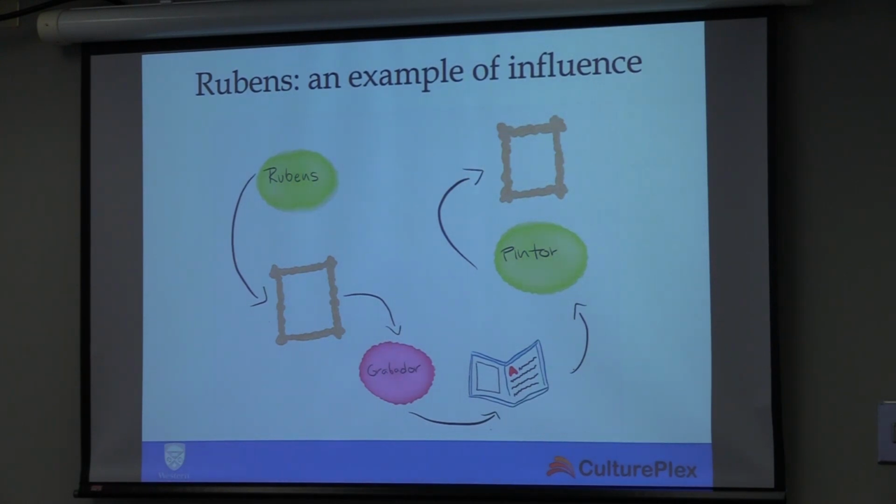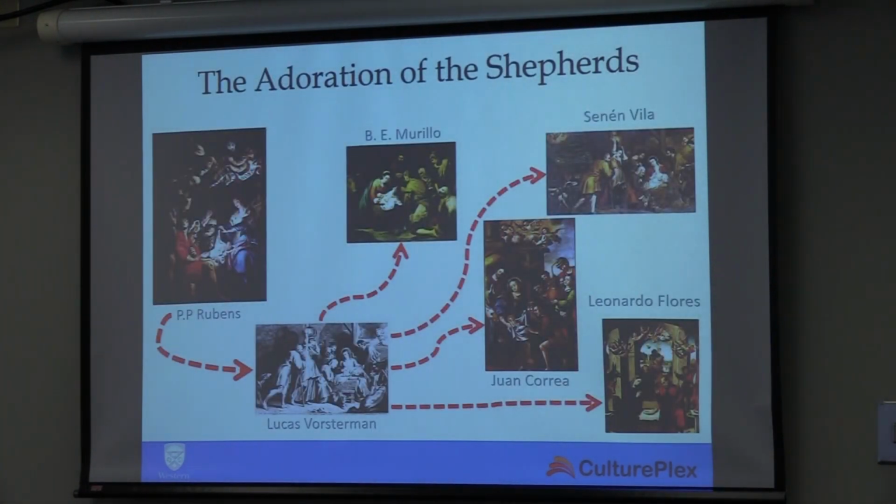Okay? Now you can explain why you have the Adoration of the Shepherds by Rubens that goes through Bolswert, one of the most important engravers of the time, and you have at least, there are many more, but just to give you four examples, variations of that painting by Murillo in Seville, by Senén Vila in Madrid, by Juan Correa in Mexico, and by Leonardo Flores in Peru.